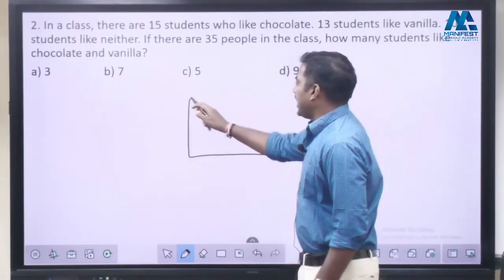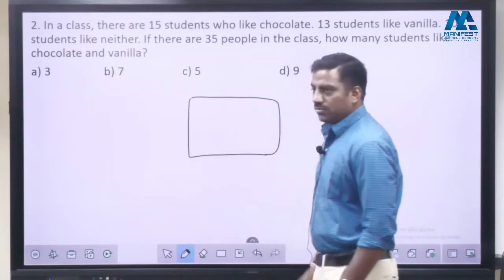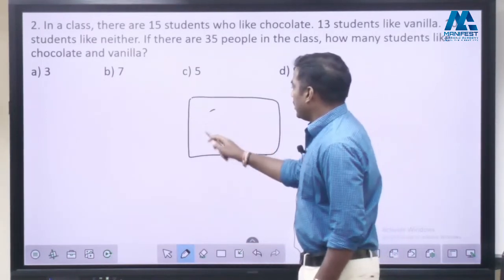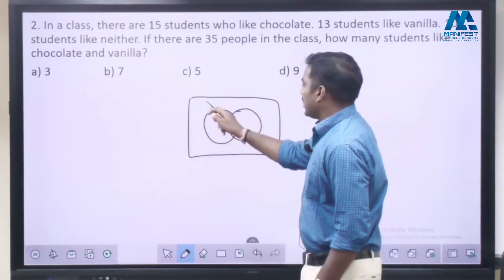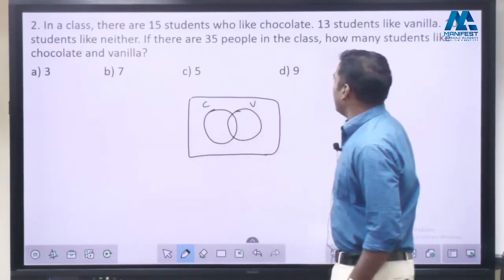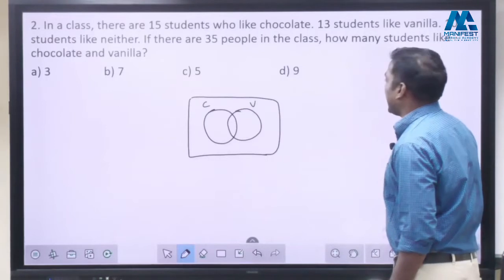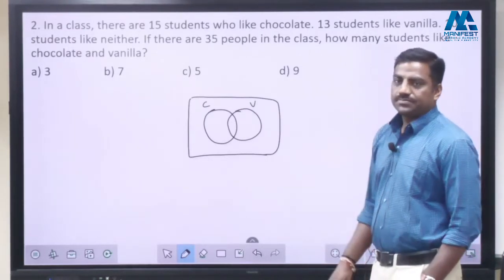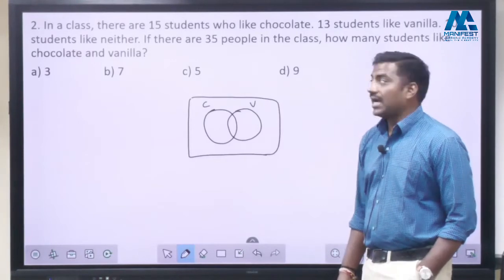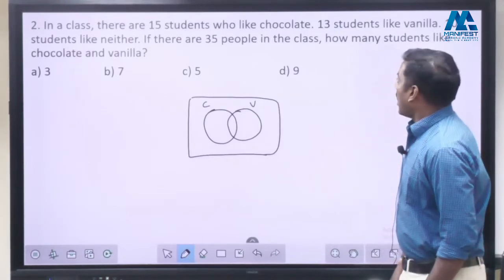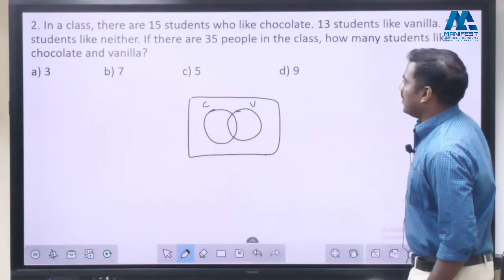We can create the dependent groups also, but they are giving us the information about chocolate and vanilla. So here chocolate and here vanilla. 13 students like vanilla. Can I mark this? If they had given only, then I would have marked, but I can't. And they have told 10 like neither.